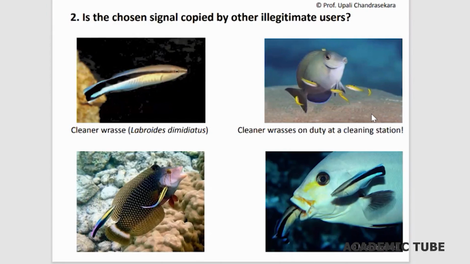They can be seen clinging to the body surface of these bigger fishes, or clinging into the gills of the bigger fishes, or those parasites could be seen inside the buccal wall.